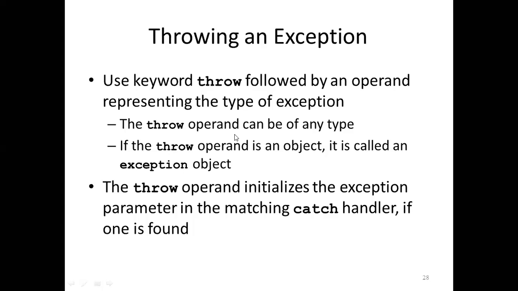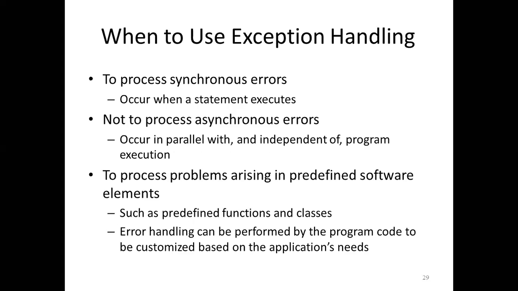If one is found, then we have handled the exception properly. But it might be possible that the exception type does not match my try block. Then it is not of use, and we are not handling the exception properly.